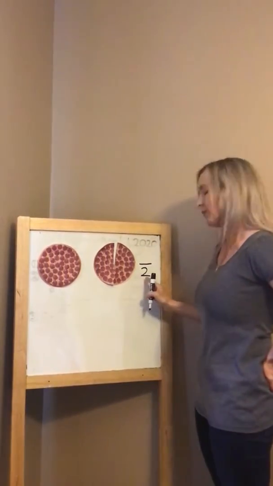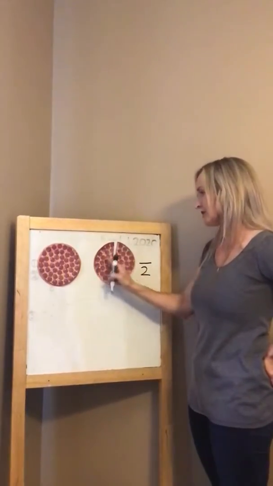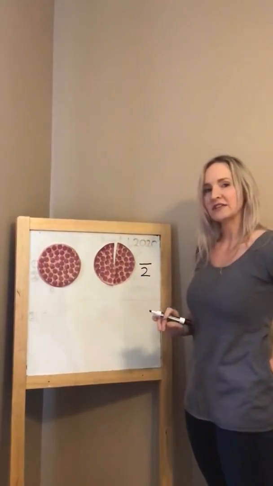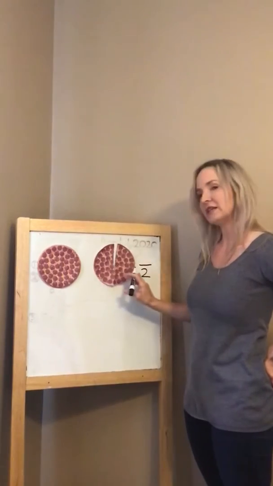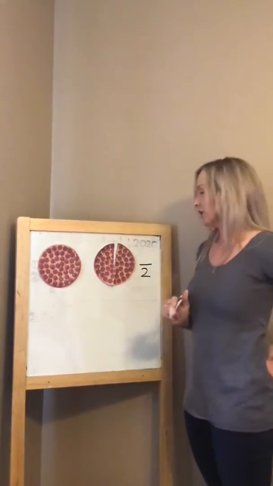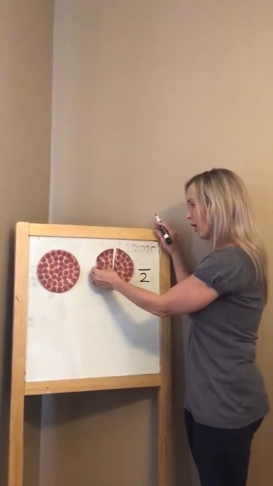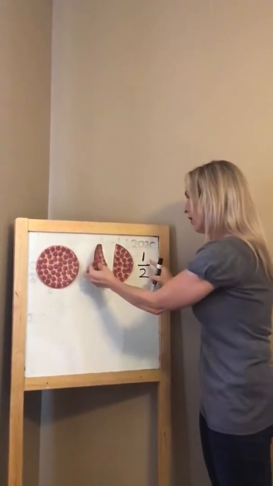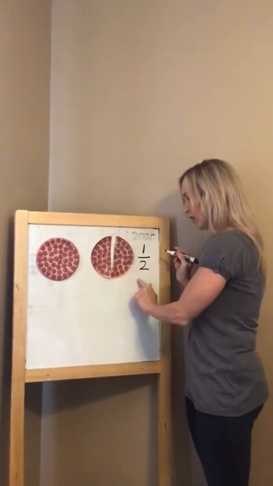Okay, the bottom part of my fraction shows how many parts my pizza is divided into. Now the top part tells me how many of those pieces I have. For example, let's use Micah here. Micah is getting 1/2 of the pizza. He's getting 1 of the 2 parts.